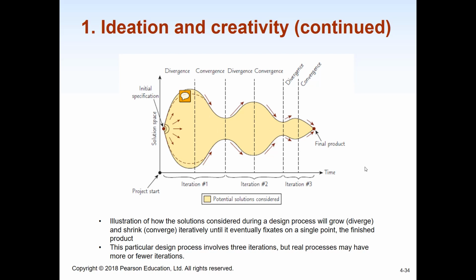We can use a hybrid of them, a mixed one. We can start with divergence and then convergence to put us on track, and go back to divergence and convergence and so on, till we reach the final product.